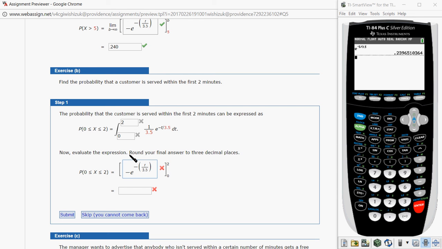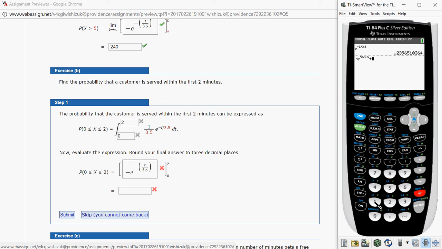Plug in 2: negative e to the negative 2 over 3.5, plus, plugging in 0, e to the 0 is 1, so plus 1.